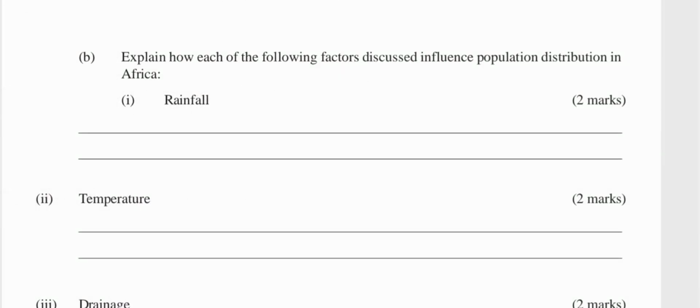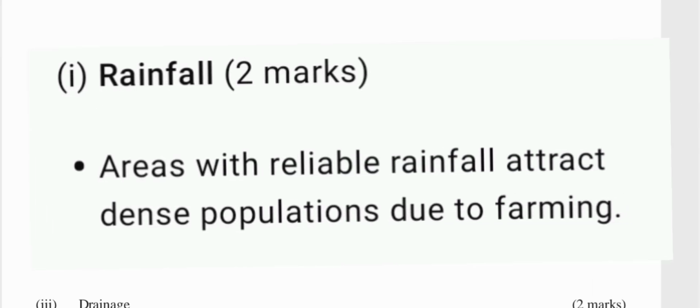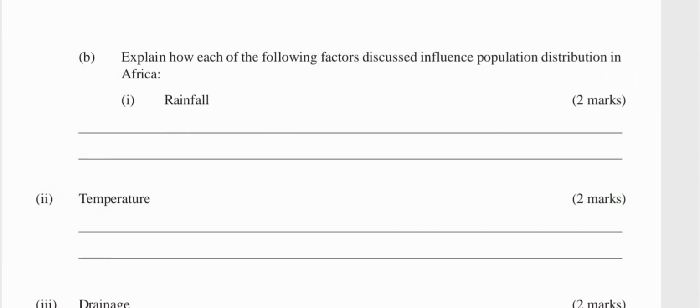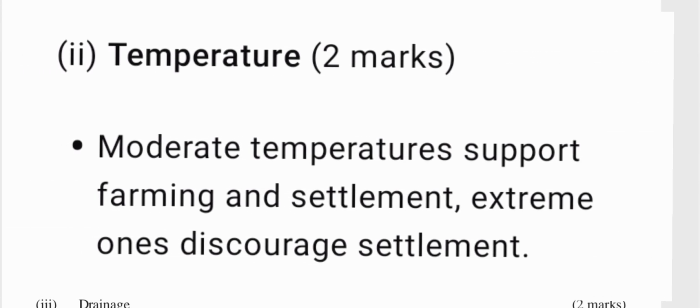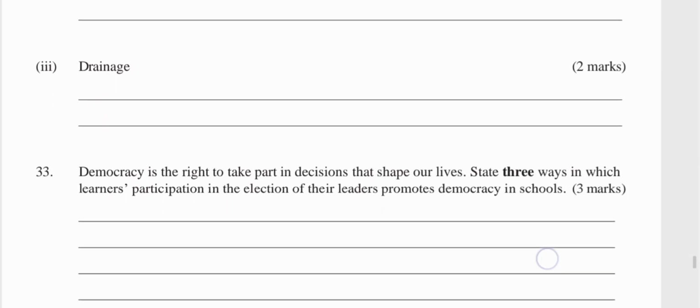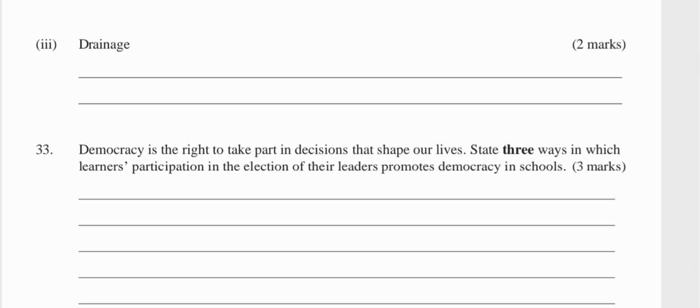Question B. Explain how each of the following factors influences population distribution in Africa. How does rainfall influence population distribution in Africa? What about temperature? What about drainage?